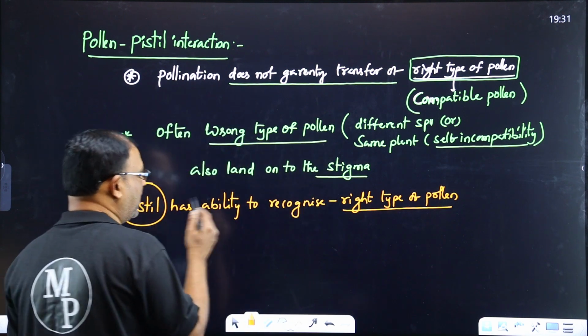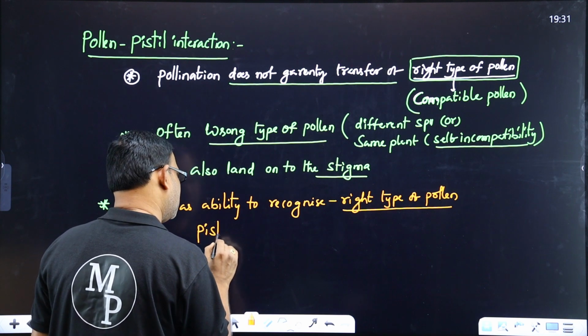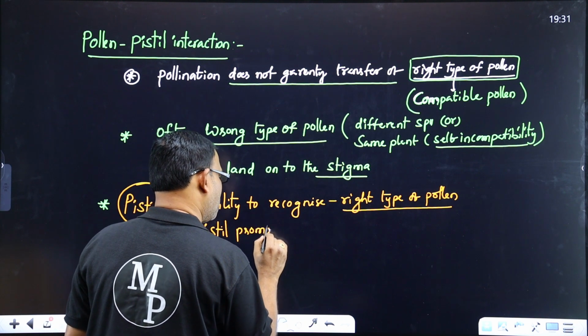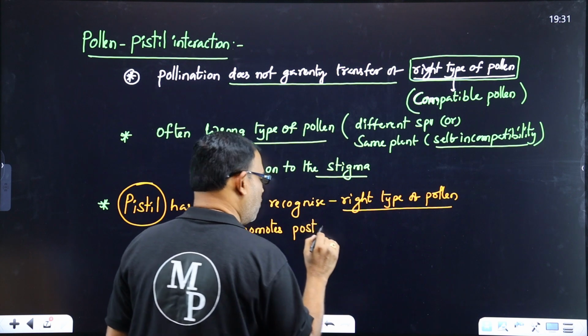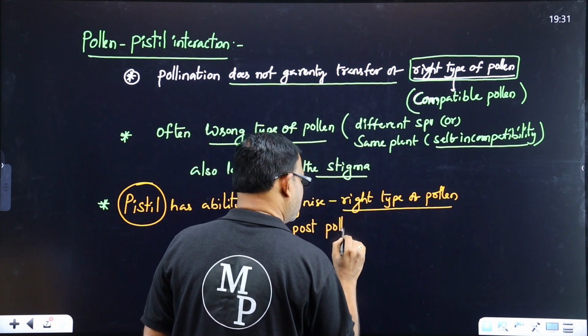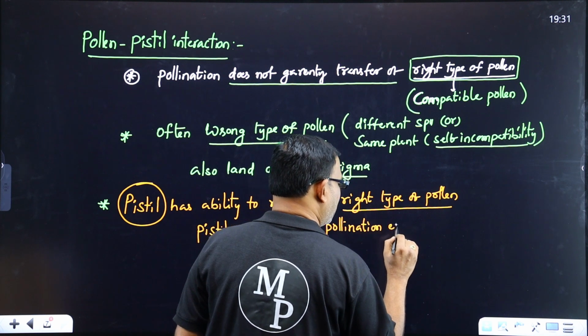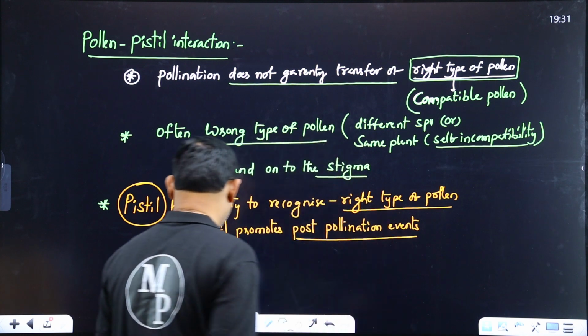When it recognizes the right type of pollen, the pistil promotes post-pollination events. We'll see what the post-pollination events are in a flower a little later.